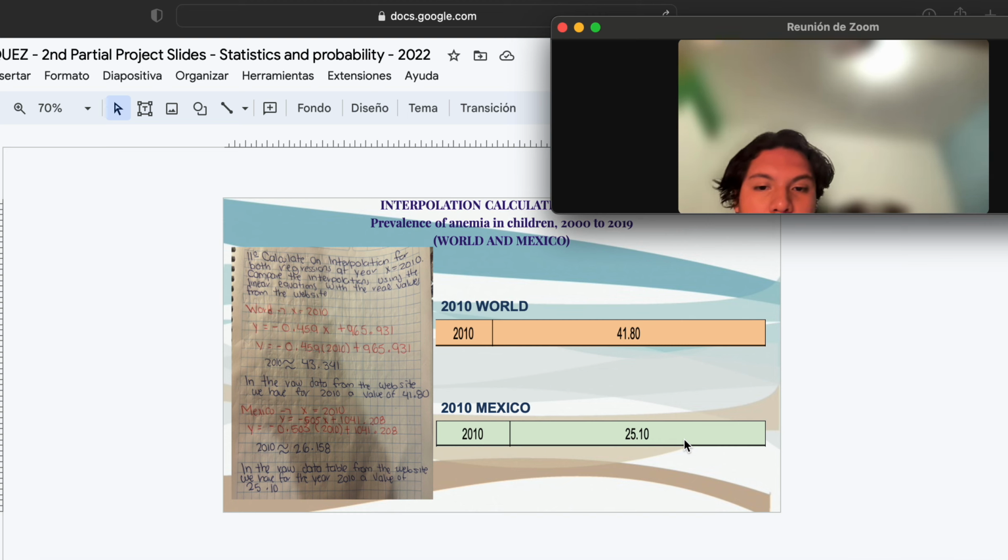In the raw data table from the website for the world, we can see 41.80, so it is approximately the same. And for Mexico, as I said, in my calculation I get 26.158, and in the table of the website we have a value of 25.10.